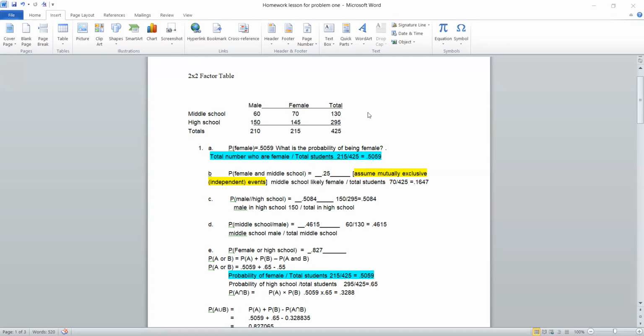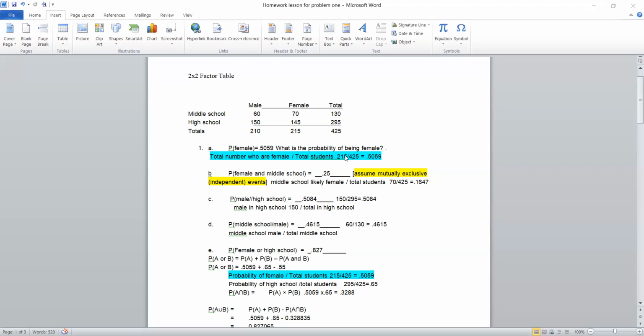Now, if I want to know what is the probability of being female out of my whole sample? My entire sample is 425 students. What is the probability that I get a female student out of that sample? The total female students is 215, and I'm going to divide that by the total students.